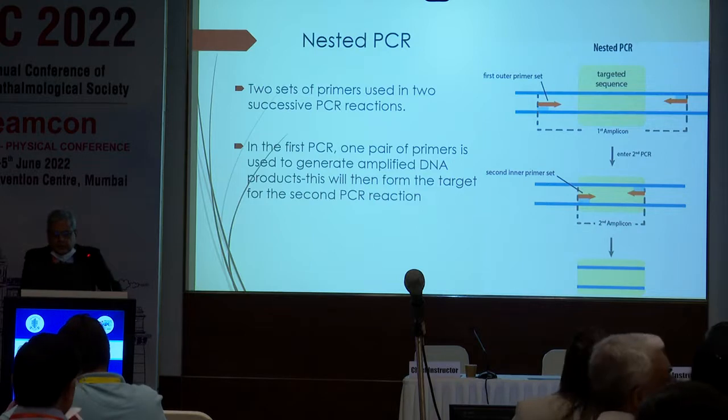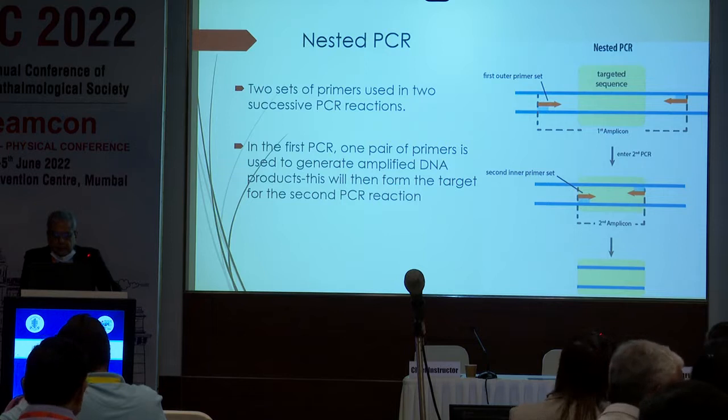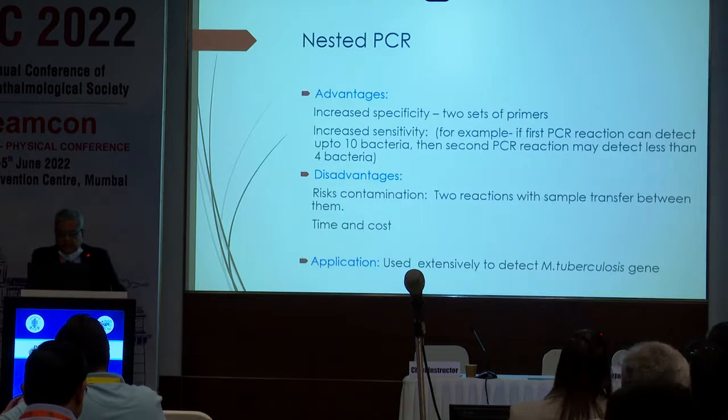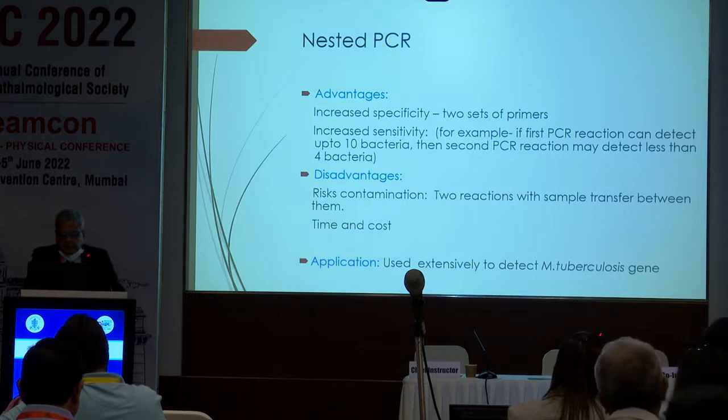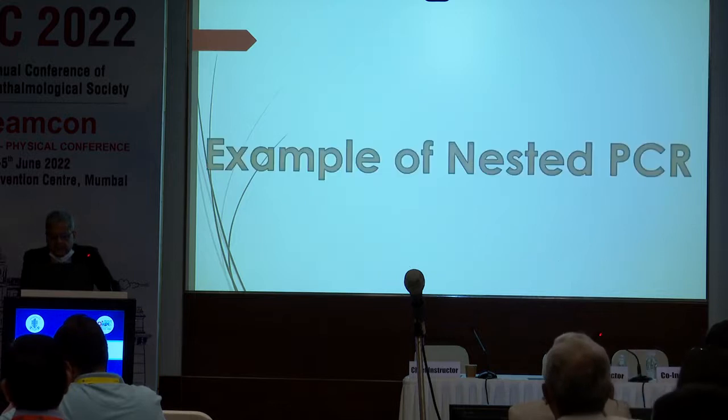In the first PCR, one pair of primers generates an amplified DNA product, which then forms the target for the second PCR reaction. The advantage is increased specificity and sensitivity. The disadvantage is the risk of contamination. It is used extensively to detect the Mycobacterium tuberculosis gene.